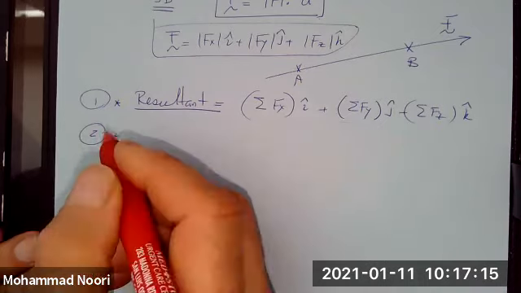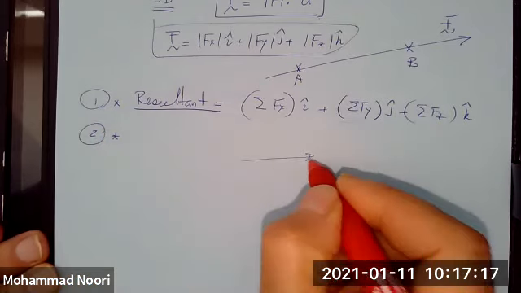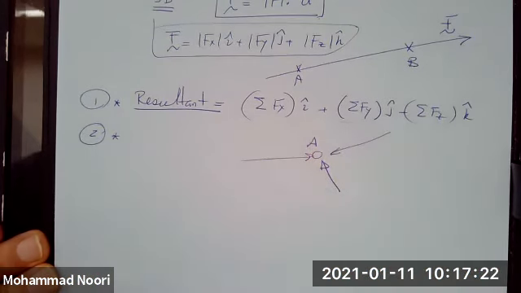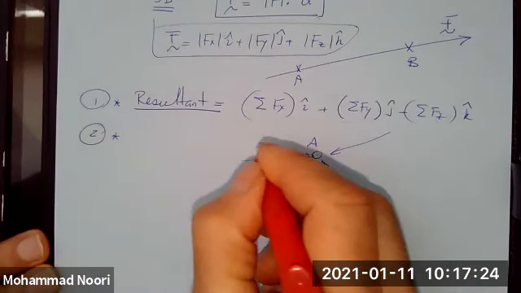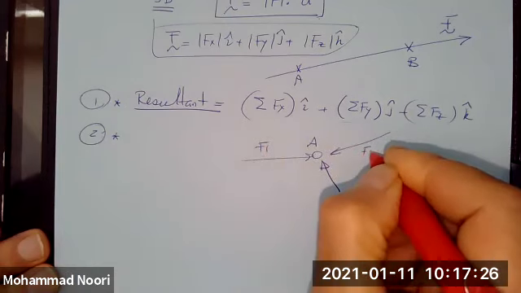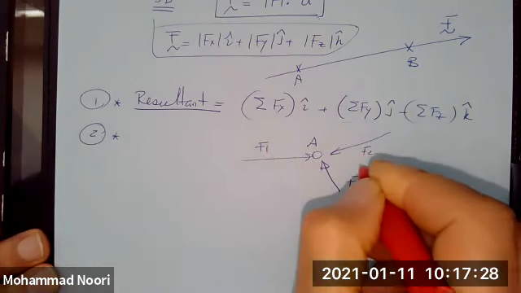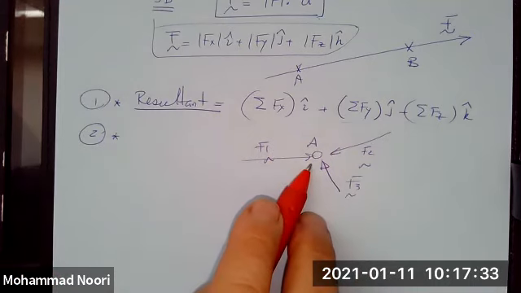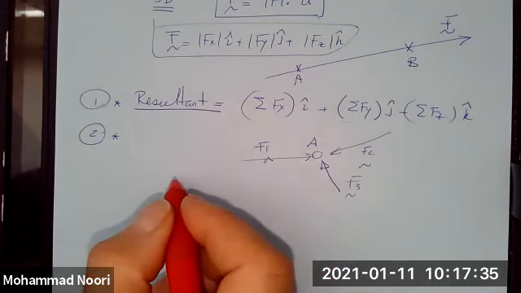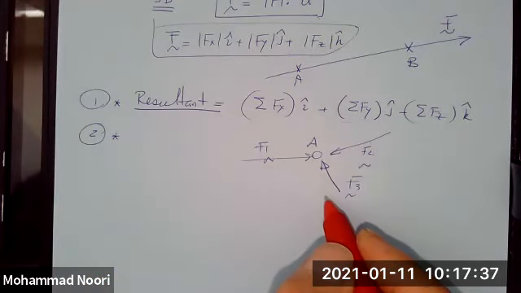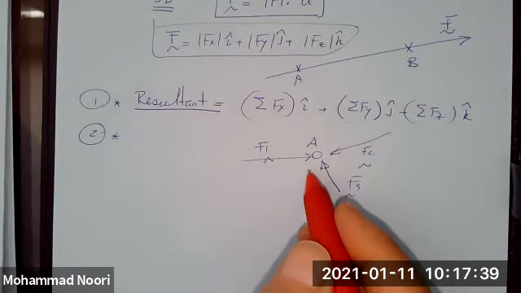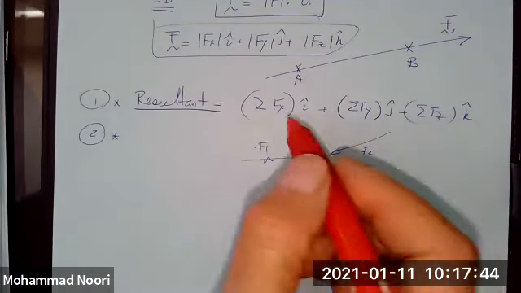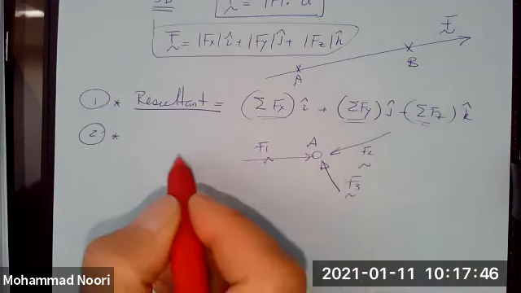And if you have forces that act on a particle A, and you have several forces, F1, F2, F3, and so on. If this particle is in equilibrium, what that implies is that the resultant of all these forces acting on a particle has to be zero, which means if the resultant is zero, all the components are zero.